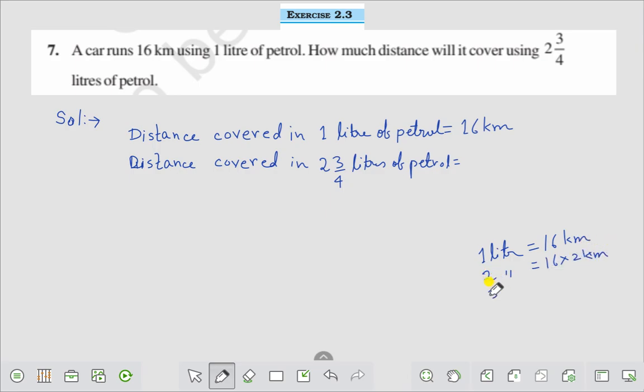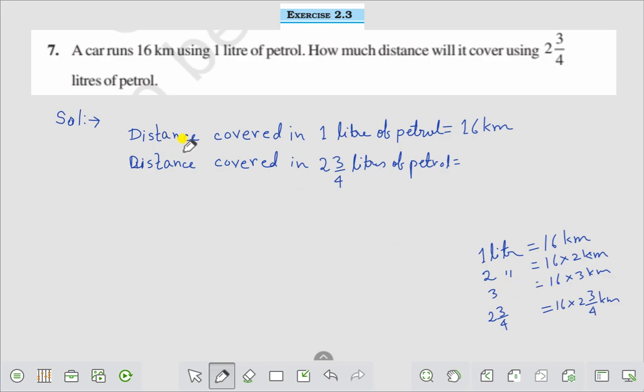In 3 liter it will cover 16 into 3 kilometer. Right? Therefore, in 2 whole 3 by 4 liters it will cover 16 into 2 whole 3 by 4 kilometer. Right? That means we have to multiply this with 16.